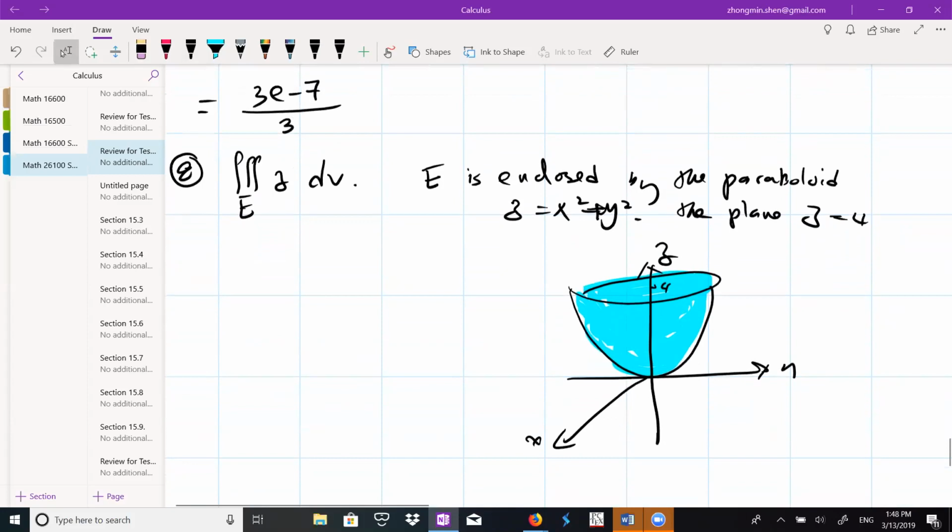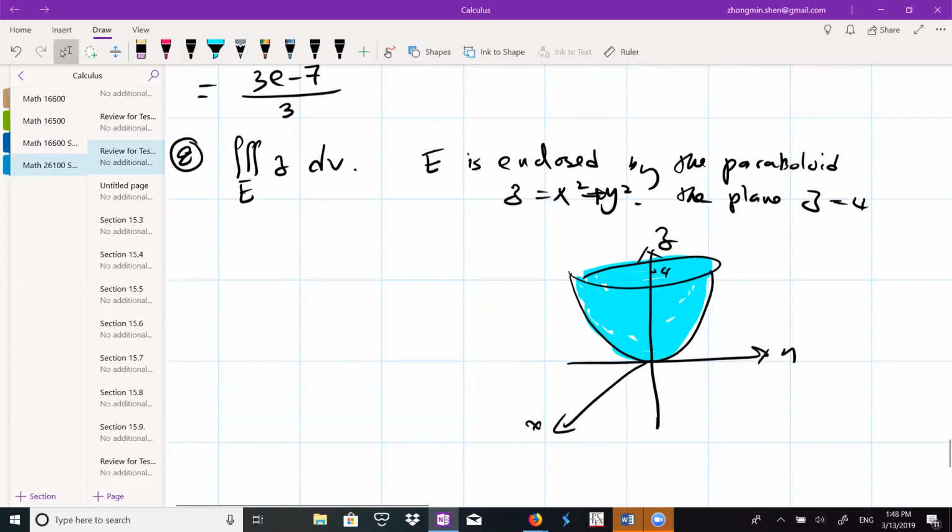There are many ways to solve the problem. You can use polar coordinates, cylindrical coordinates, or you can use iterated integrals.